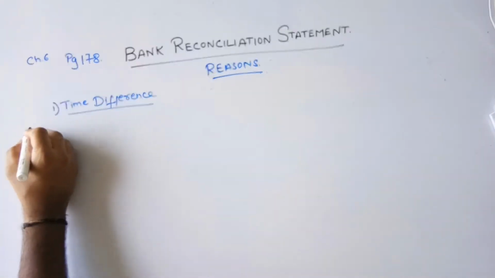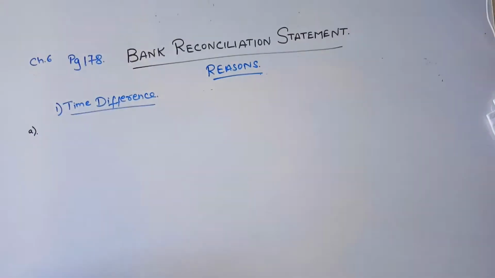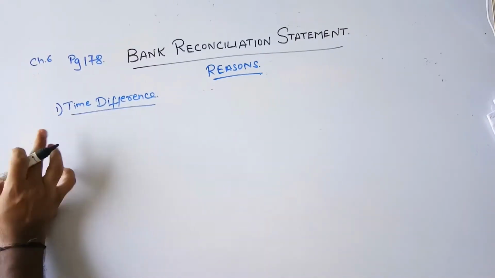For example, let's say type number 1 is where the entry has been recorded in the cash book but not been recorded in the passbook.